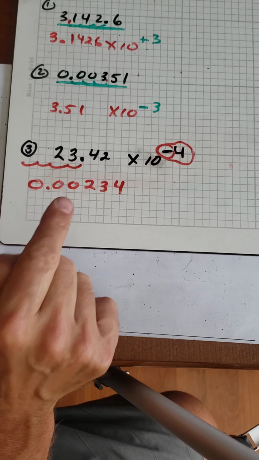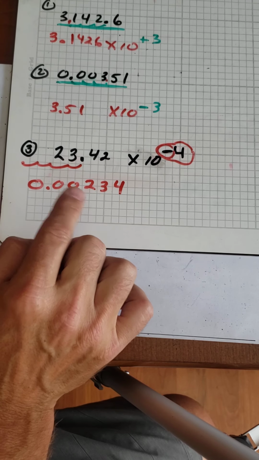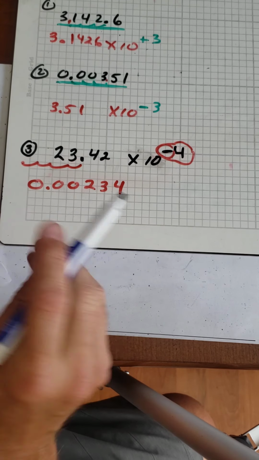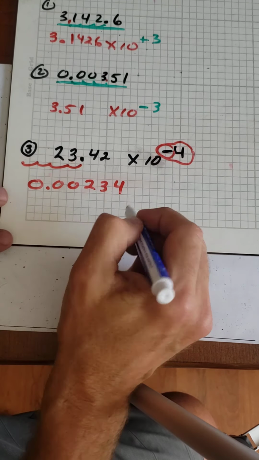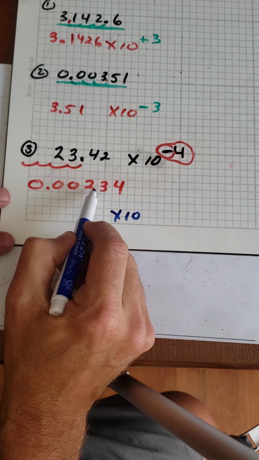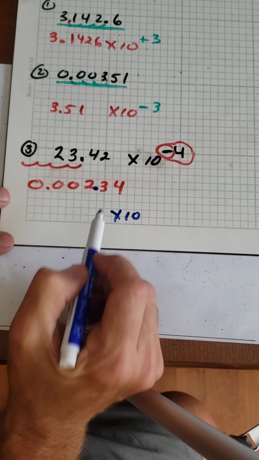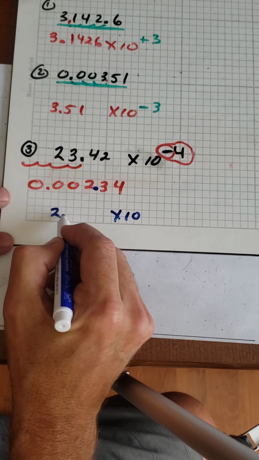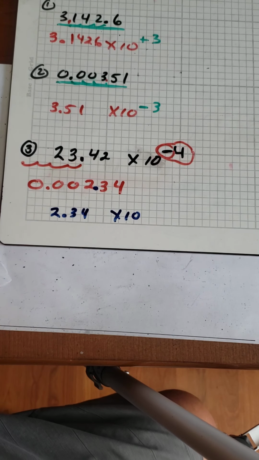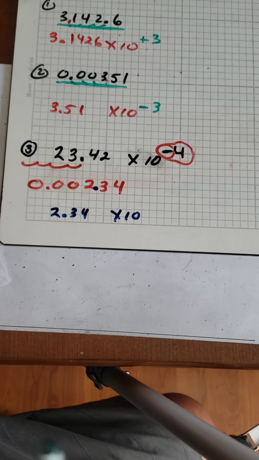Okay? This is not scientific notation. This is standard form. So now I need to change this into scientific notation. So what I see here is that it's going to be times 10. And I know that my number needs to be between 1 and 10, so I need to move it to right there. So that's going to be 2.34. And then I need to figure out, is my exponent positive or negative?